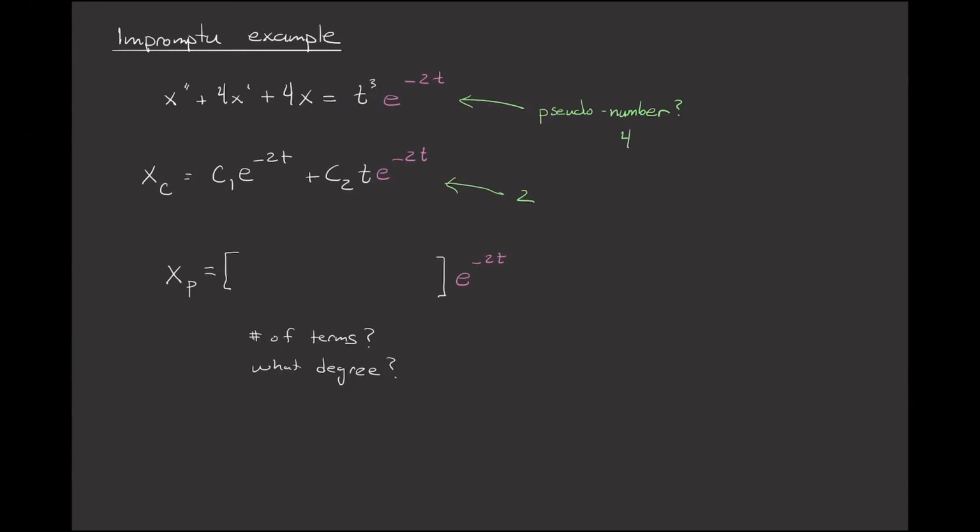Now we add these up, 4 and 2, and that's the number of terms. So in fact, it's going to be 6. We take a plus b t plus c t squared plus d t cubed and so on, plus e t to the fourth plus f t to the fifth.